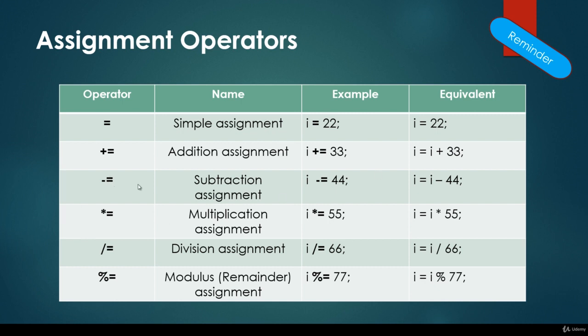The minus equals operator is equal to subtracting the given value from a given variable. We have the multiplication equals, which is the same: i times equals 55 means i equals i times 55. So this is how we can use these kinds of assignment operators.